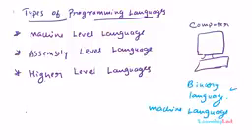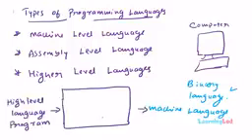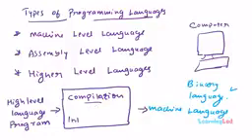For these high level languages, there are two ways in which we can convert the source code from high level language to machine level language and execute it. The two methods used to convert the high level language program to machine level language: one was the compilation method, where a program called a compiler was used. Another method is called interpretation.